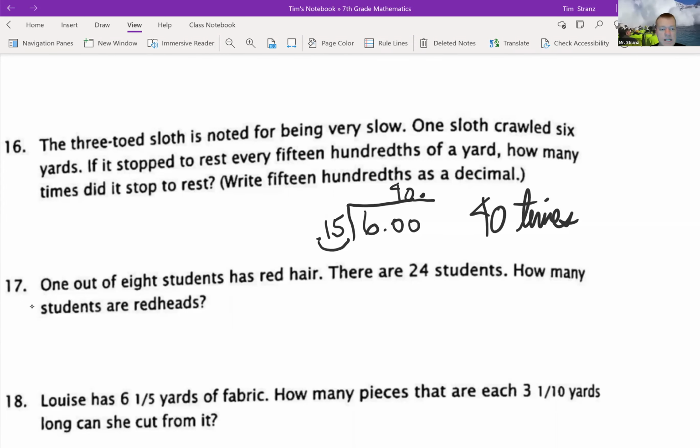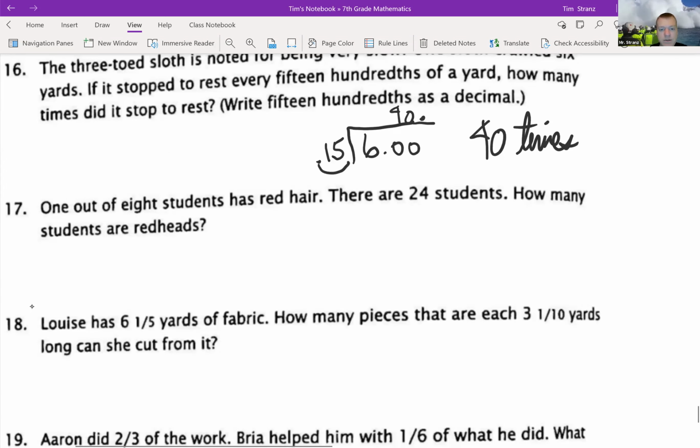All right, number 17, 1 out of 8 students has red hair. There are 24 students. How many students are redheads? Okay, so make sure you put your labels right next to each other. So 1 has red out of 8 students.